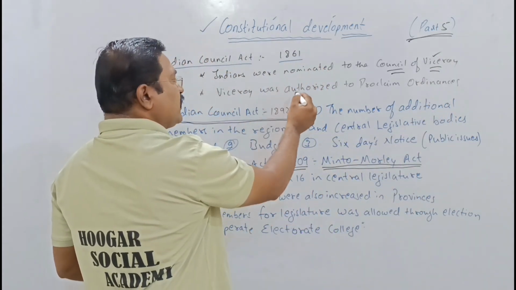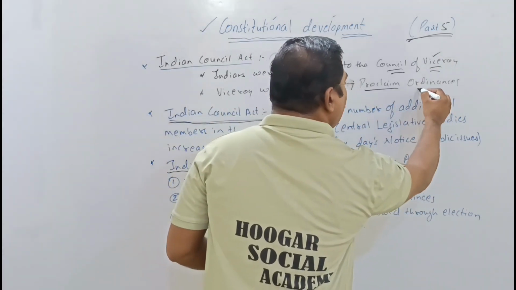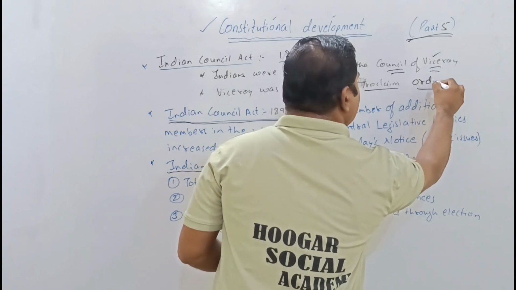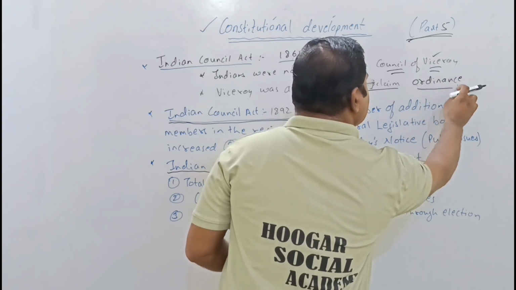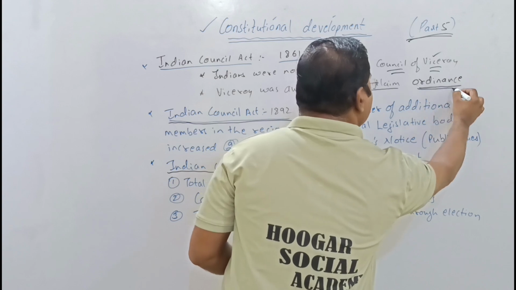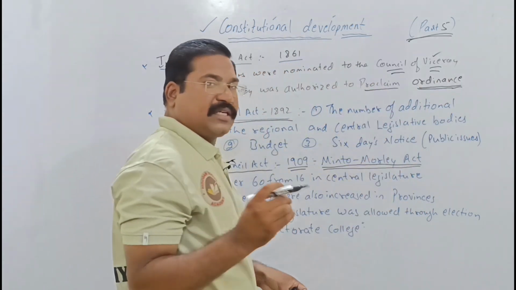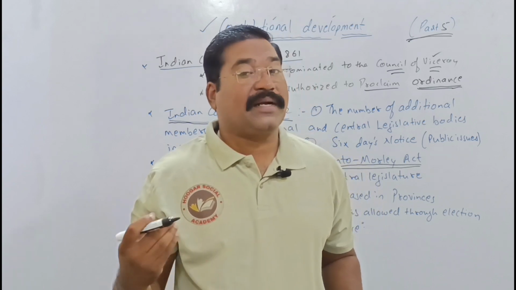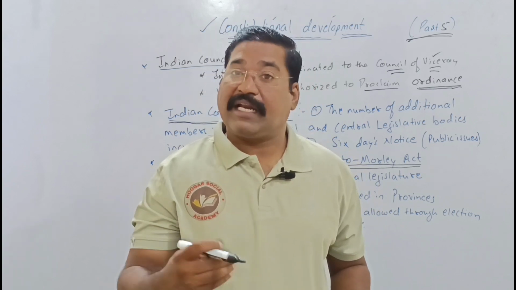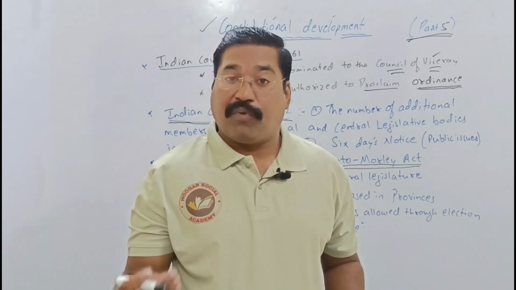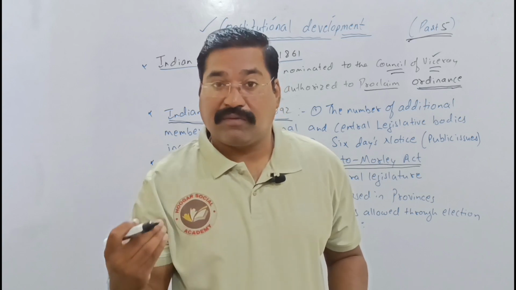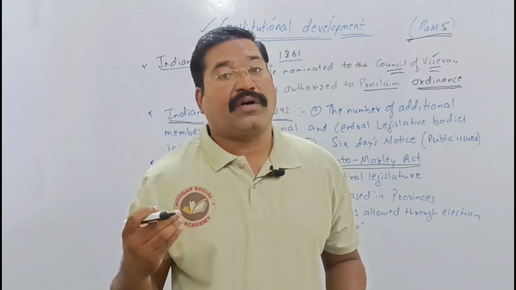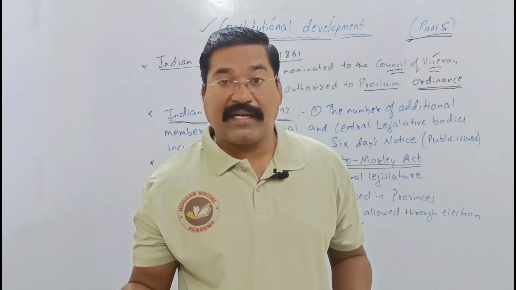Another side, the Viceroy was authorized to proclaim ordinances. What can he do? Ordinance is nothing but a power where, at any point of time, when the Governor General feels like implementing laws, he can go beyond the Board of Directors, Council, Executive Council members, Secretary of State for India, and Commander-in-Chief.